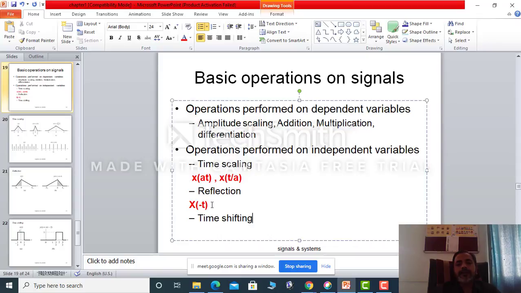So as the name suggests, shifting of a signal is carried out on time axis and mathematically it is given as x of t plus or minus a.